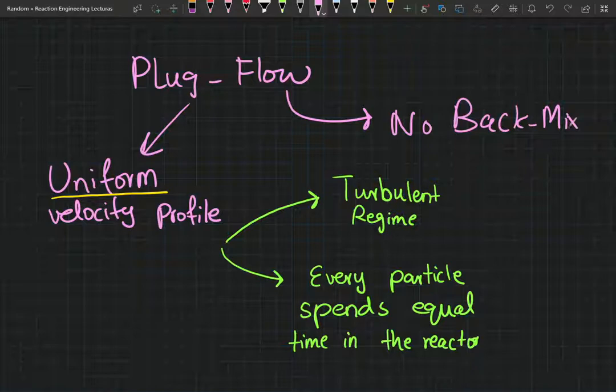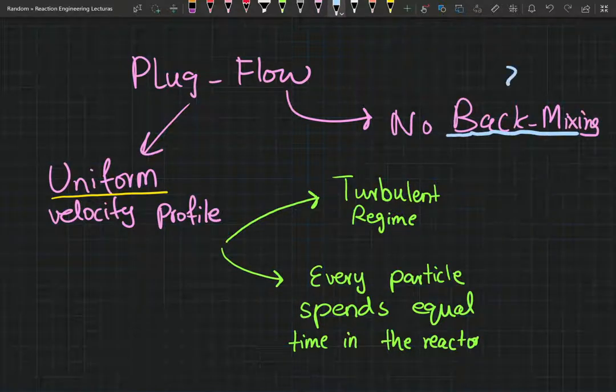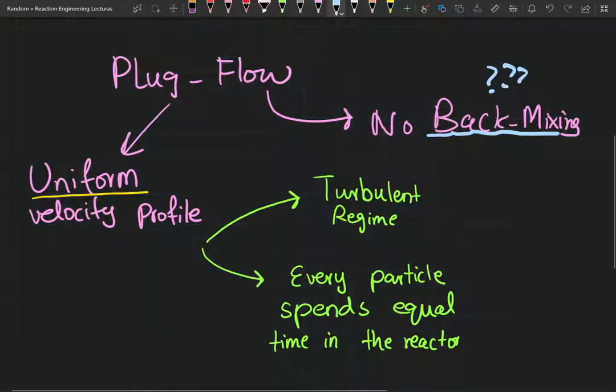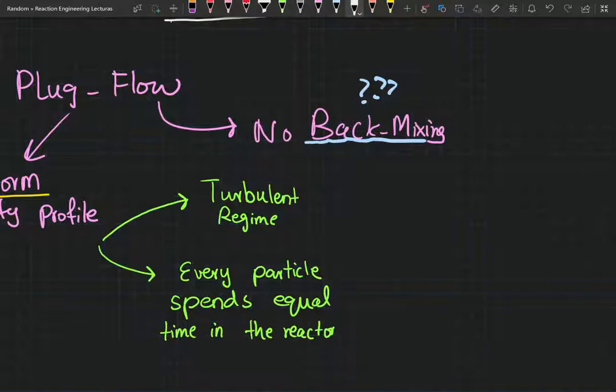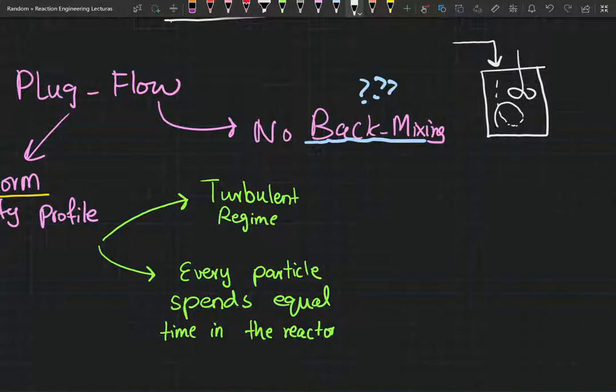Now you guys are probably wondering, what the hell is back mixing? I am throwing these terms at you, but what do they mean? Let me just show you, intuitively speaking. So if you have a CSTR and you dump a stream into it, some of it is gonna go in and swirl around.